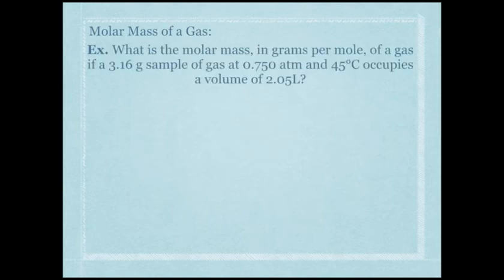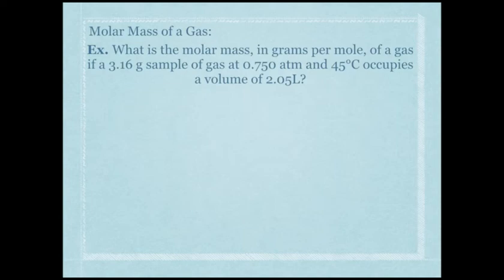All right, so in this problem, it asks what's the molar mass in grams per mole of a gas if a 3.16 gram sample of gas at 0.750 atmospheres and 45 degrees Celsius occupies a volume of 2.05 liters. So this problem might seem super complex until you realize you're going to be having two different problems. The first problem is using the ideal gas law to solve for moles.